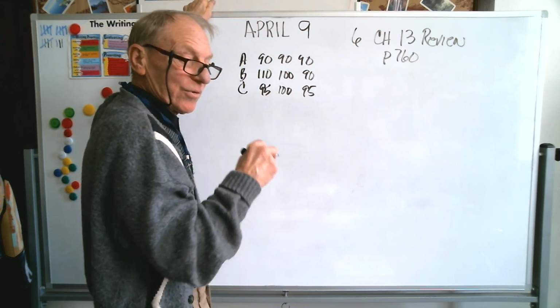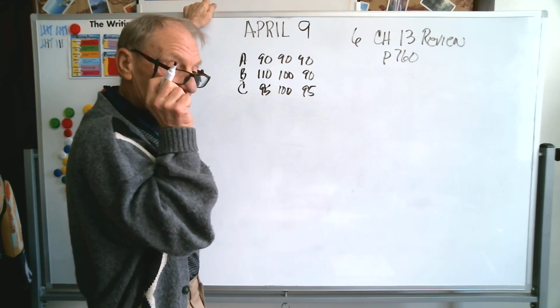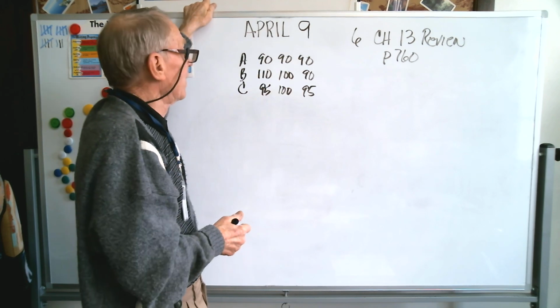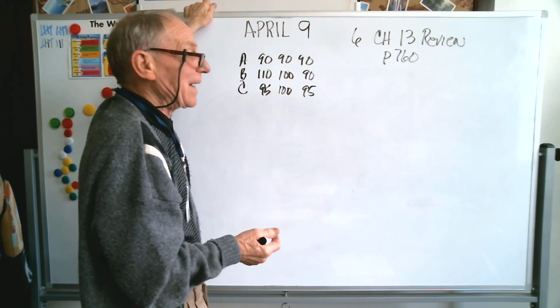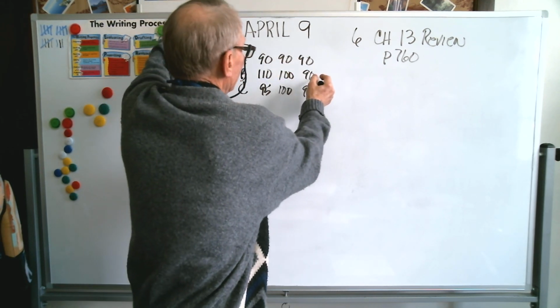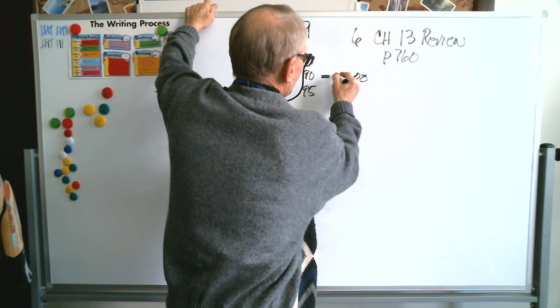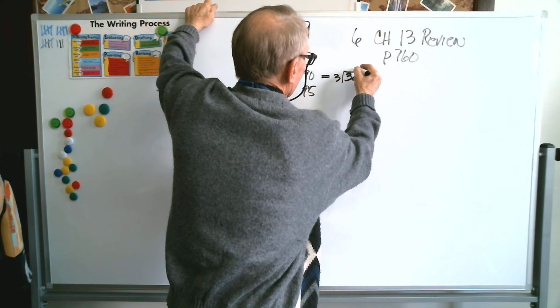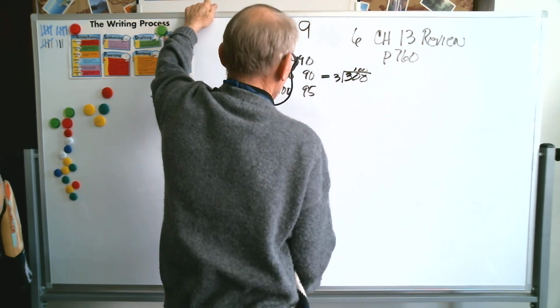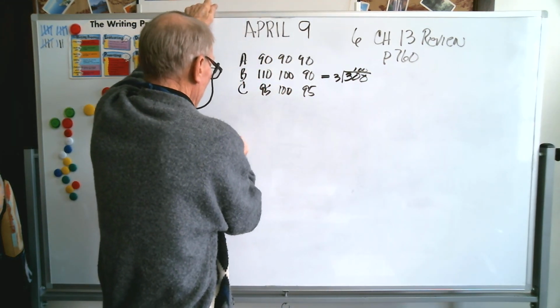The mean absolute deviation, that's the number of points away from the mean. So the first thing we got to do is find the mean, and this is 300 divided by 3. That mean is 100.